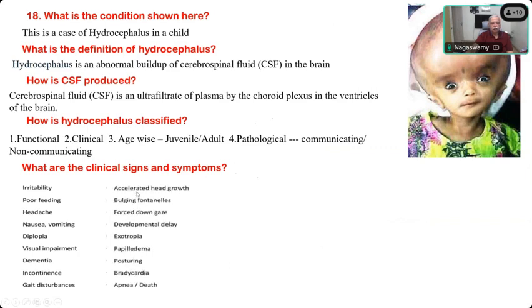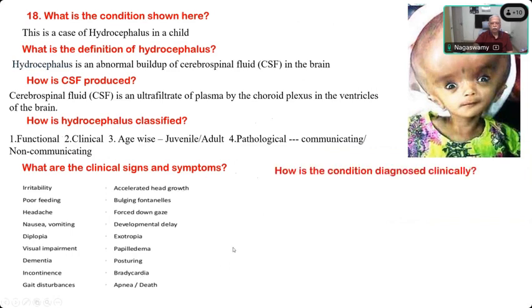The signs may be accelerated head growth, which the mother may notice, bulging fontanelles, forced downward gaze, developmental delay, papilledema, posturing, bradycardia, apnea. All these things are in very severe cases.